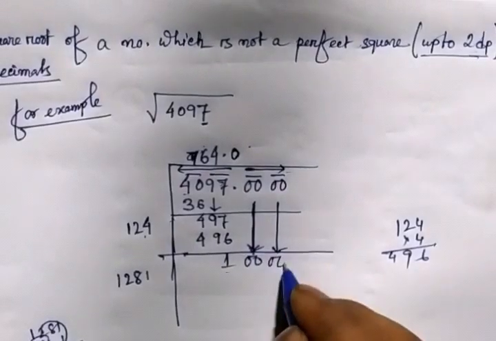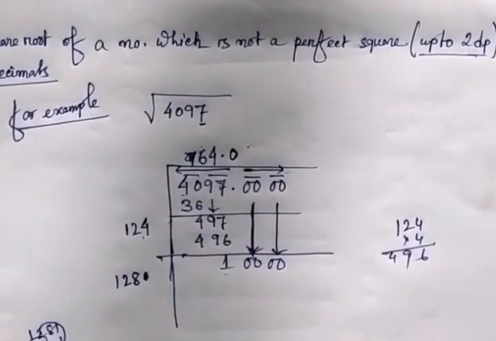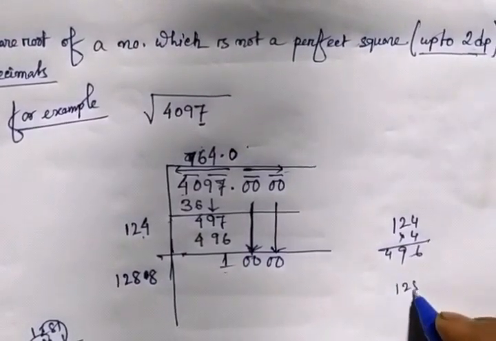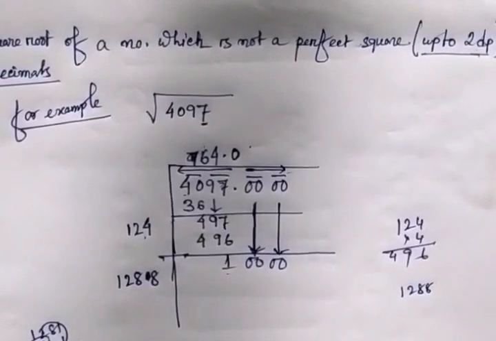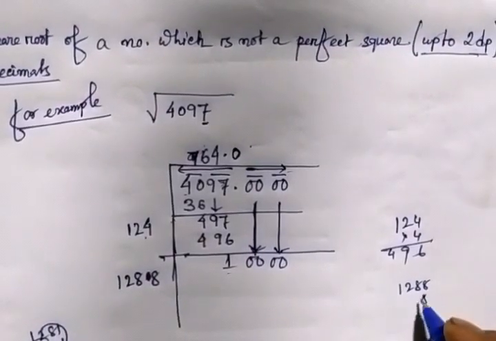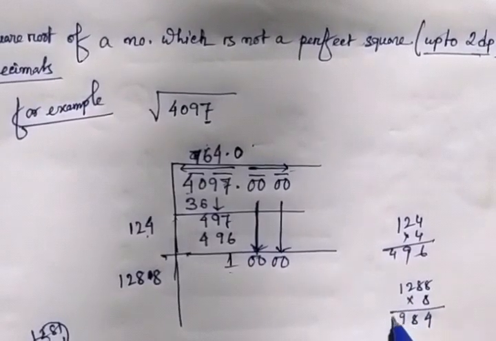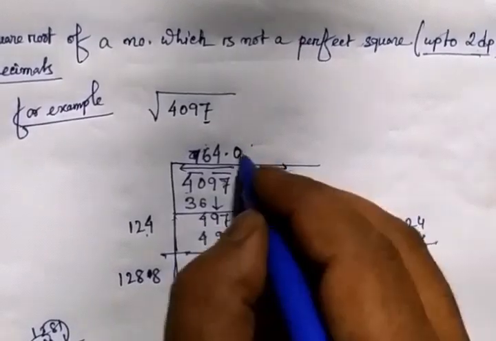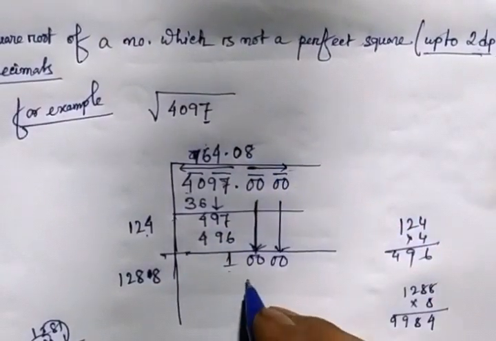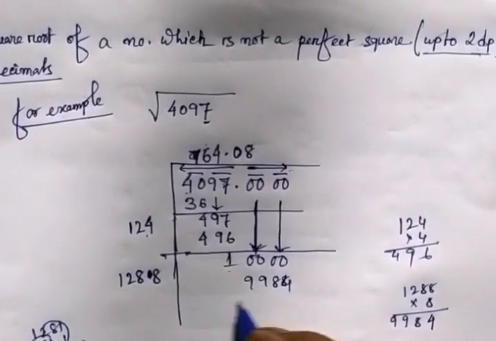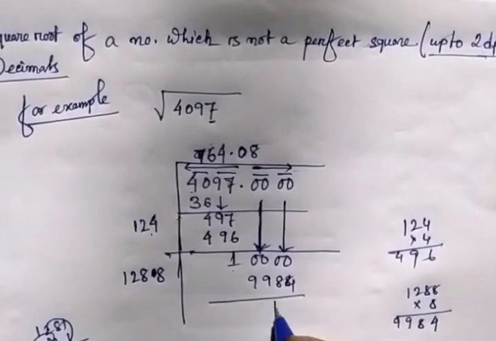So 00, then we try 8. 1288 times 8, 8 times 8 is 64, and it is nearest, so 8 here, and then the remainder becomes 16.